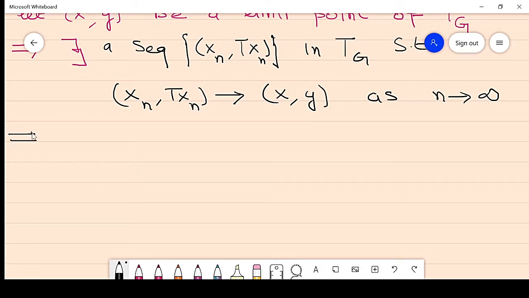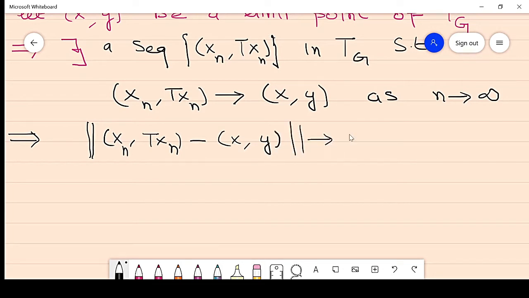From this, it implies the norm of (xn, Txn) minus (x, y) approaches 0 as n approaches infinity.